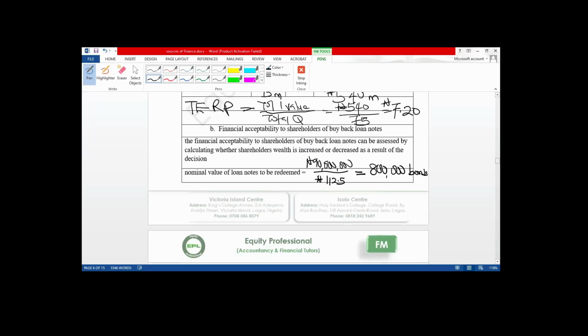That will give me 80 million. Look at it. Nominal value of loan notes to be redeemed. That is the bond, please. It's also called bond. 800,000 bonds multiplied by 100 naira per bond. That will give you 80 million naira. That is the nominal value of bond to be repurchased.